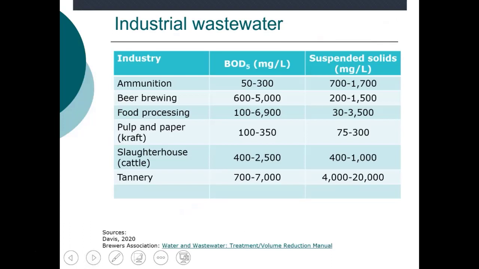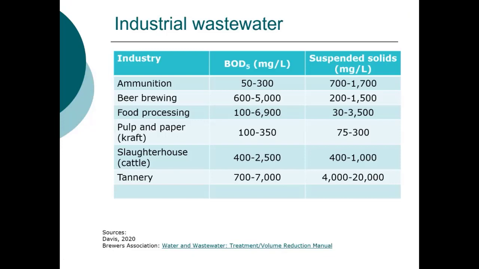Now we also can look at industrial wastewater. And this is again from the textbook. Also added some information about brewing beer. There's lots of microbreweries opening up in Michigan.